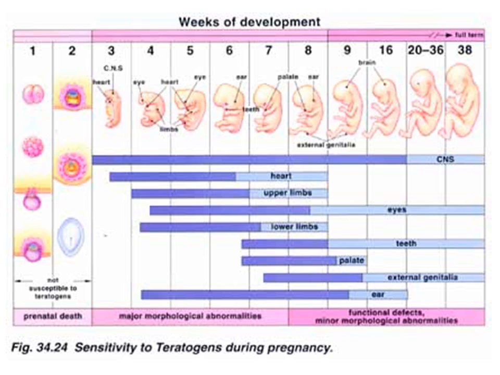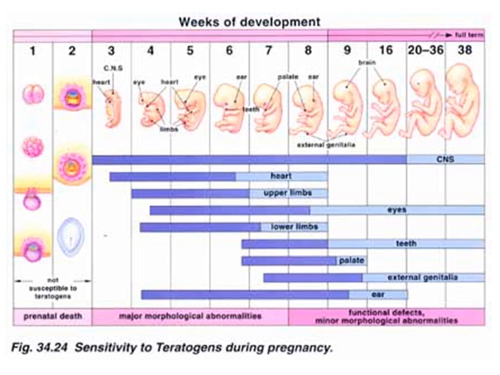So if we're looking at development, this is the number of weeks across the top. So weeks of development, and kind of what the baby looks like. The fetus, the embryo. And then you can see each of the development periods. And the dark purple is when they're developing the most.